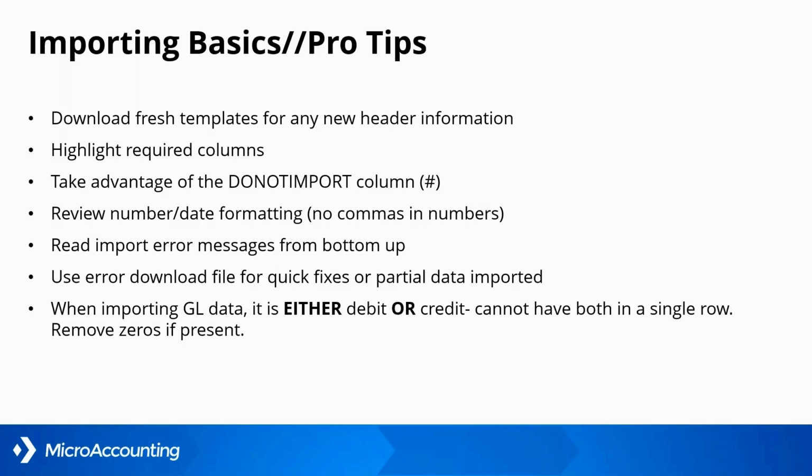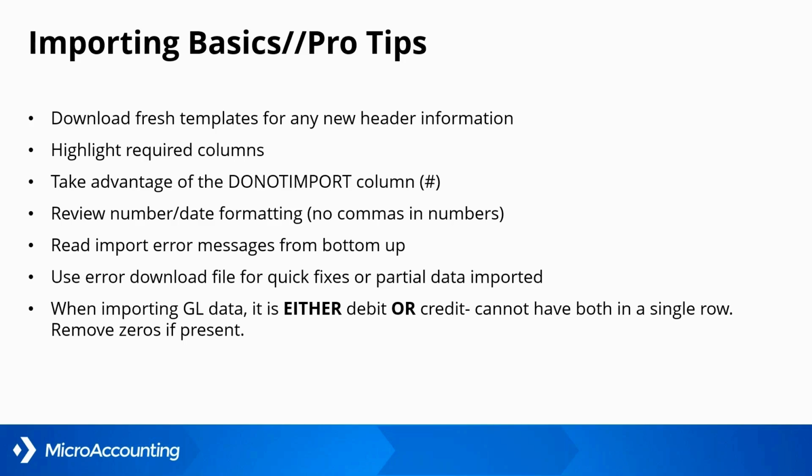All right, so this is just a slide of some basics and pro tips. I believe that we're going to try to send out a copy of this presentation, that way you have that. I just wanted y'all to be able to have a couple of bullet points here. If you are wondering if a field is available for import, maybe you're importing some data off of a template that you got from us, and you're like, oh, I really wish I could add a vendor dimension to this.